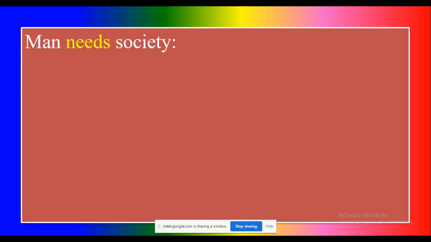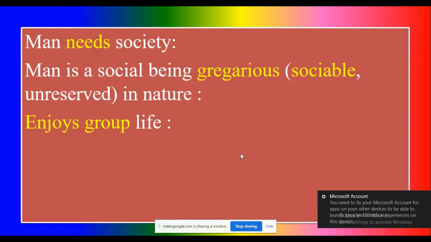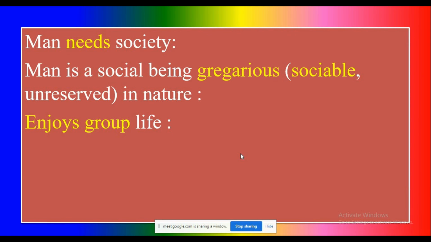Abraham Maslow listed that physiological need is a fundamental need, then safety or security need, self-esteem, and self-actualization. Every type of need is fulfilled by society. So man needs society to fulfill their every need.